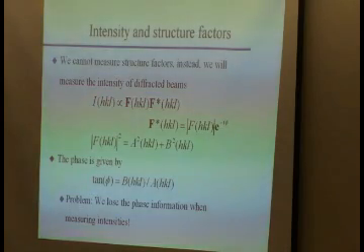Once we go back to how we actually collect data and how we deal with our data, you will see that this is often referred to as the phase problem in crystallography. The phase would really be given by the tangent of phi being equal to B over A, but usually we don't measure these parts separately. All we get is this.